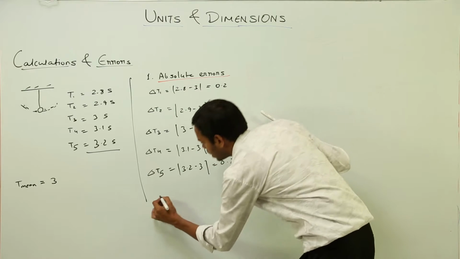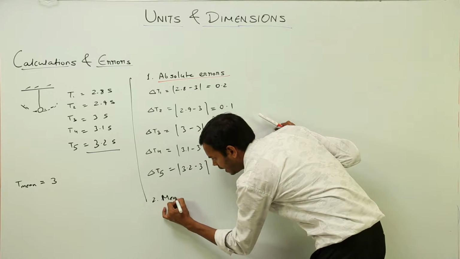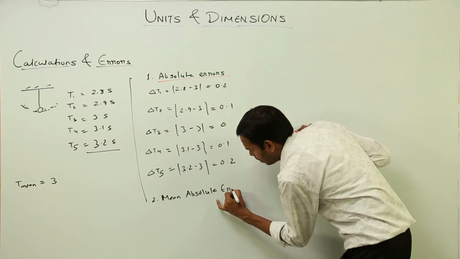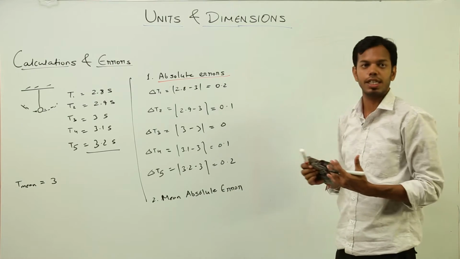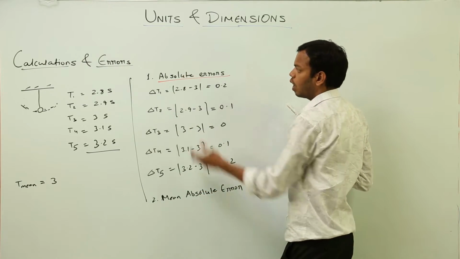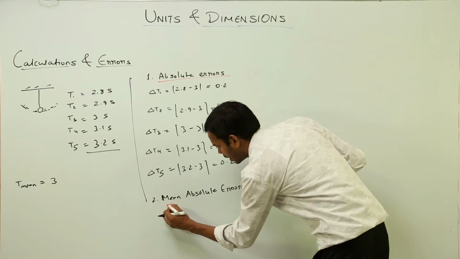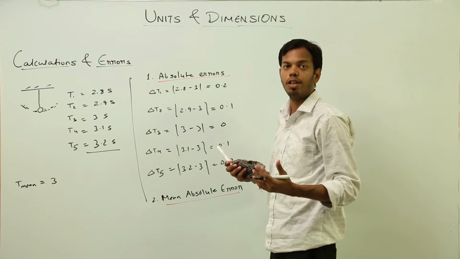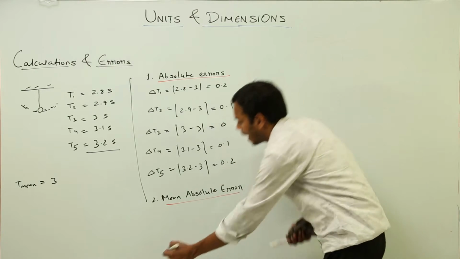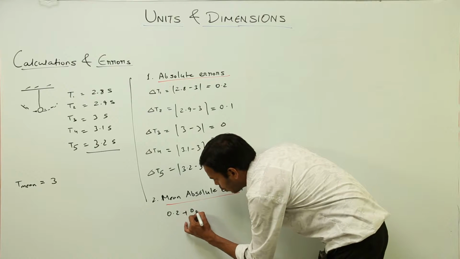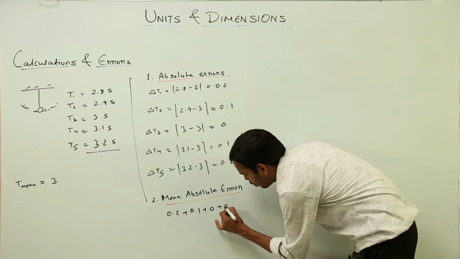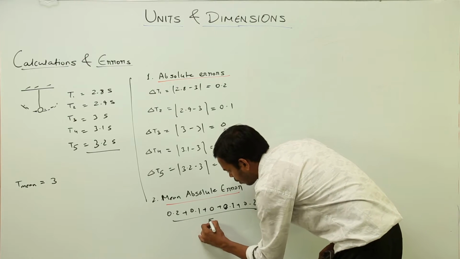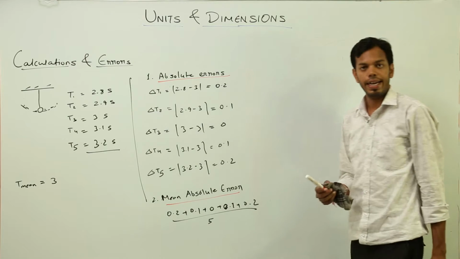This one was the first, which is absolute errors. The second one is called mean absolute error. Mean absolute error, as the name suggests, would be the mean value of all the individual absolute errors. So how do we find the mean value? Just add all the different values and divide by the number of observations. So we have 0.2 plus 0.1 plus 0 plus 0.1 plus 0.2, the whole divided by the number of observations, which is 5.